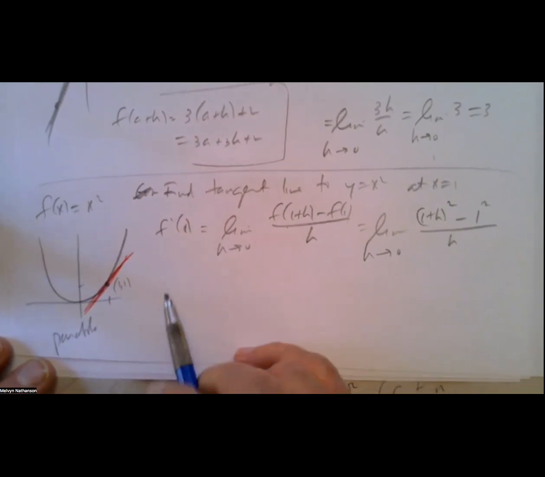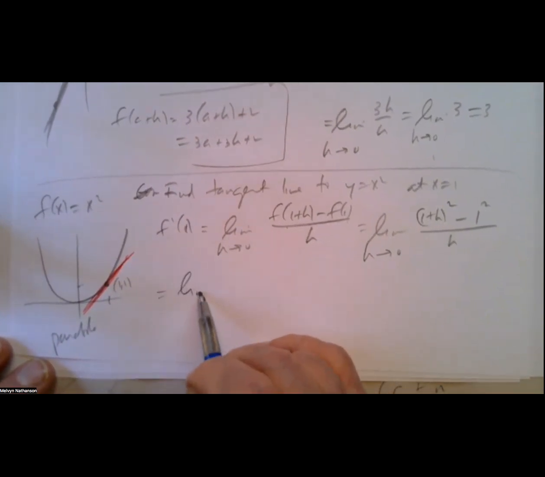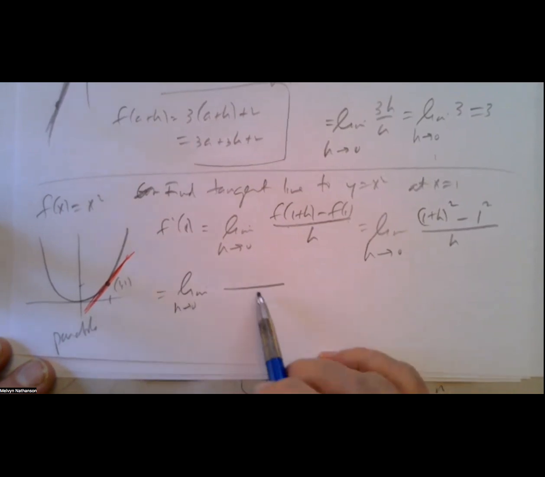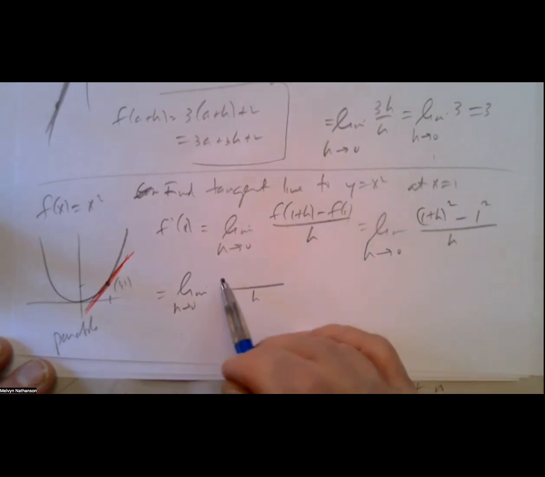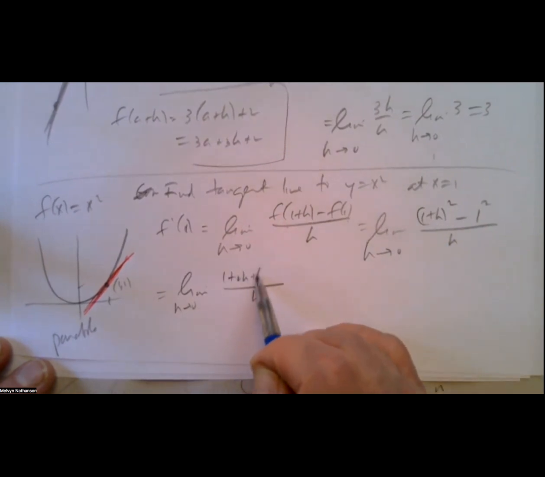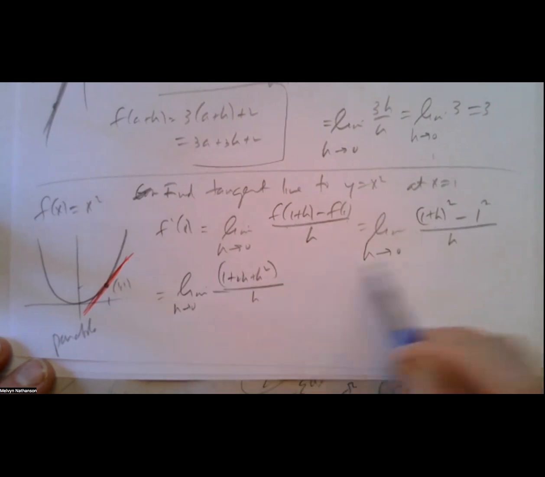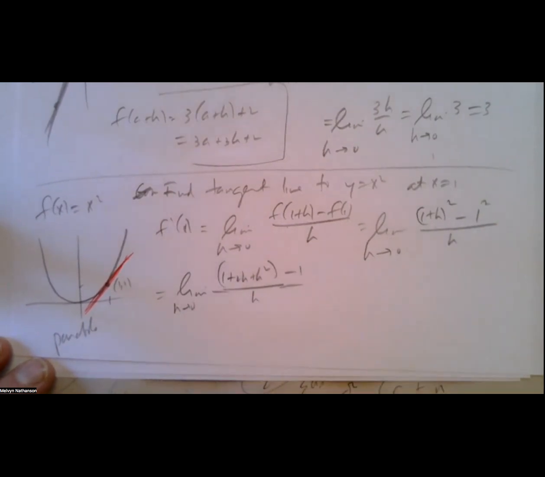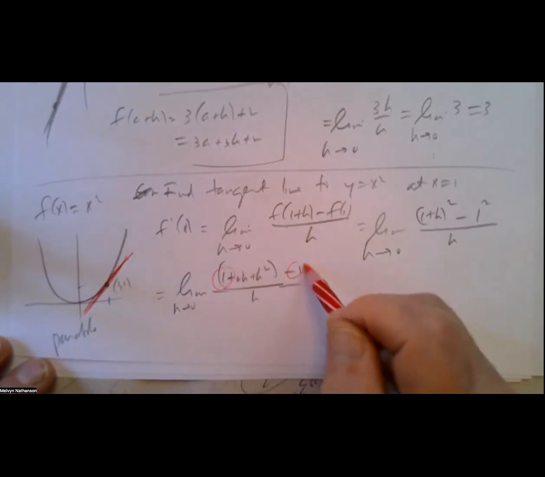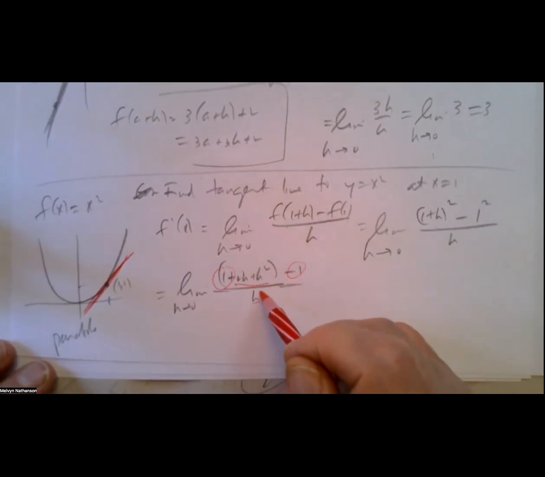So now we have to do our high school algebra correctly. This is the limit as h goes to 0. The denominator is h. 1 plus h squared is 1 plus 2h plus h squared. And I subtract 1 from that. So the 1's cancel, and I have this over this.